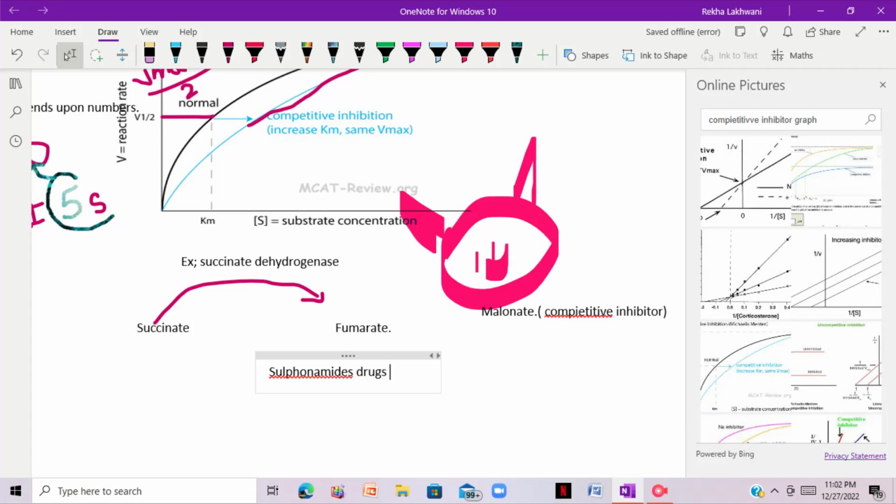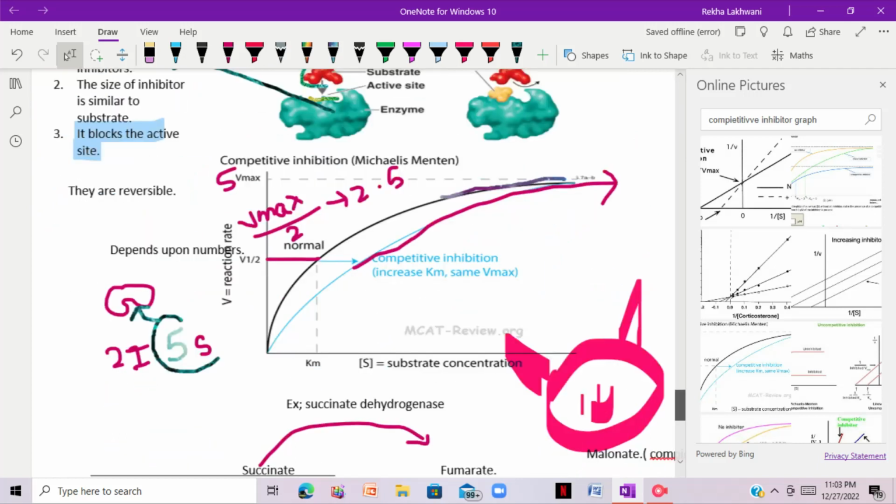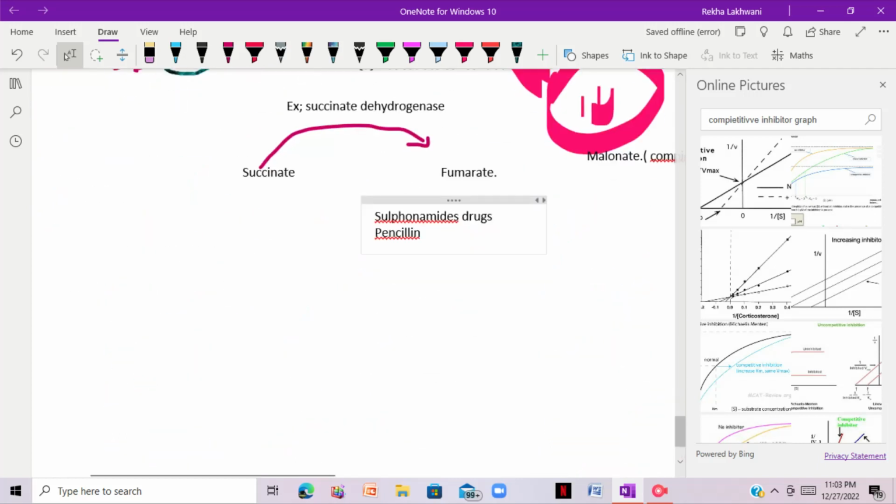Now next we have competitive inhibitors. Basically, before moving ahead, you must know that this competitive inhibitor follows the lock and key model.